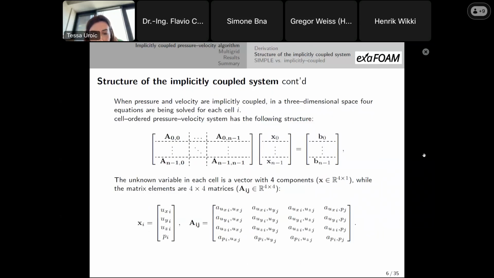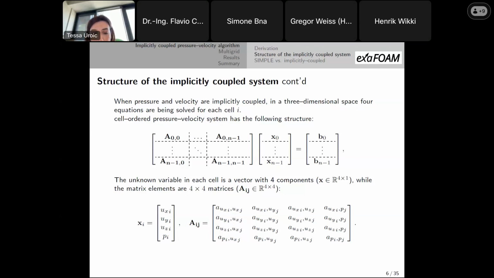So the unknown vector in the implicitly coupled solver will consist of 3 unknowns representing the components of velocity and 1 unknown representing the pressure for each cell in the computational mesh.